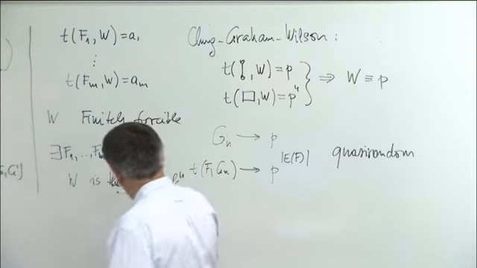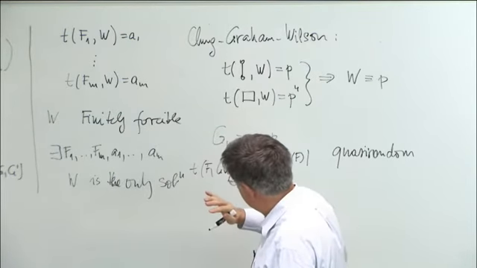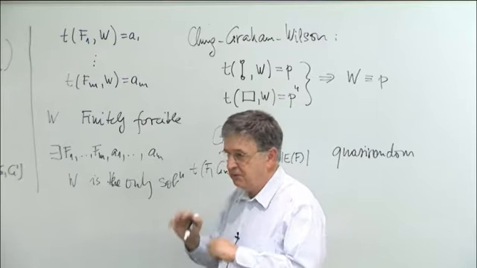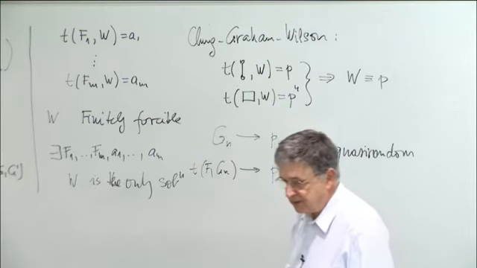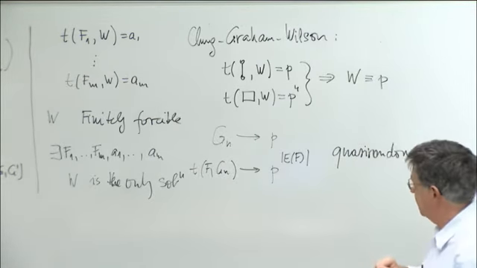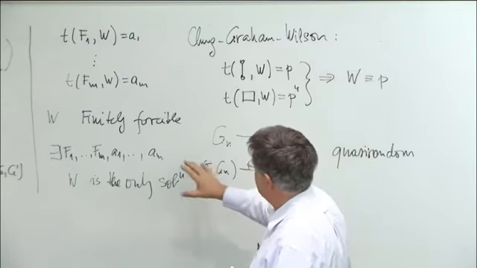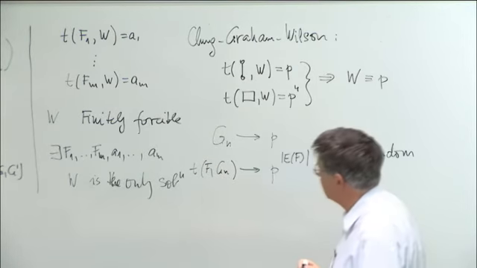You have to be a bit careful here because you can always apply measure-preserving transformations to the variables, but let's disregard those. So this is the notion of a finitely forcible graphon.